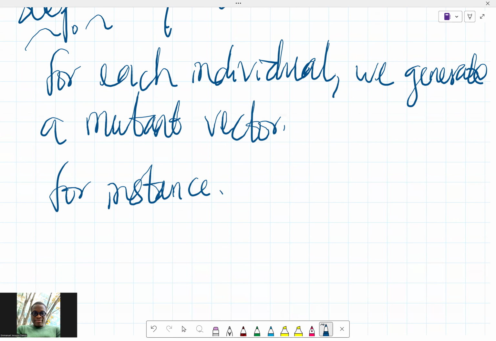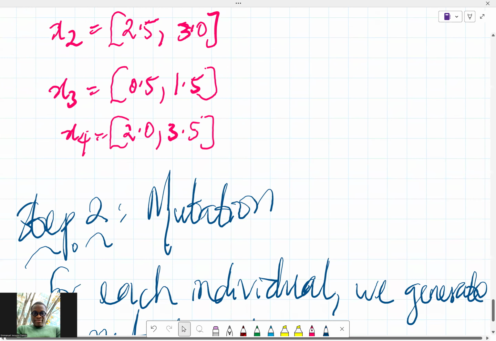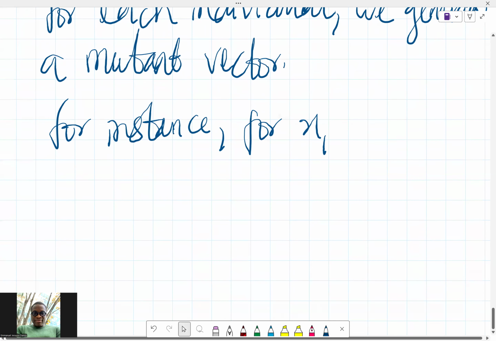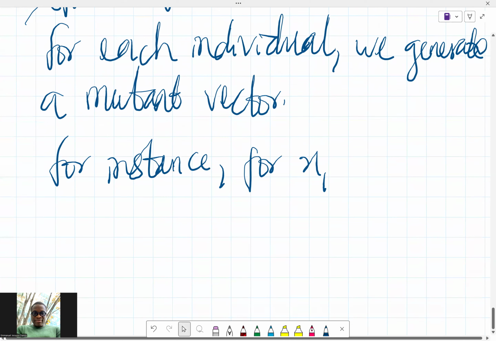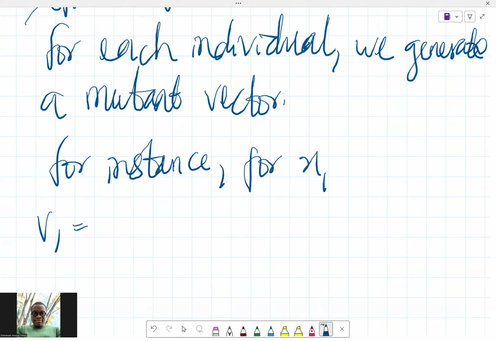So for instance, for x1, which is 1.5, 2.0, we have v1 equal to x2 plus F into x3 minus x4.